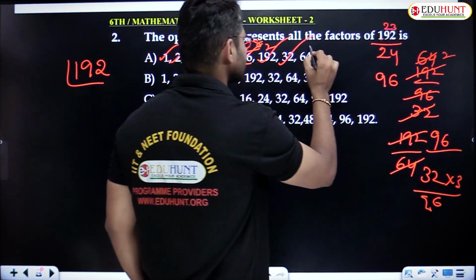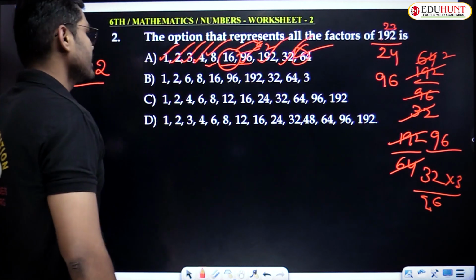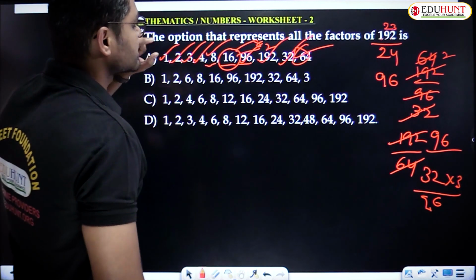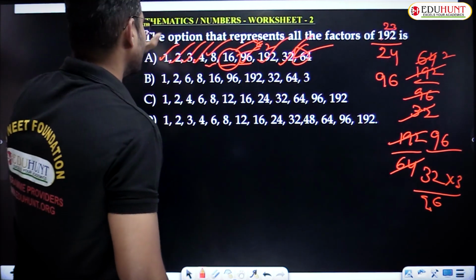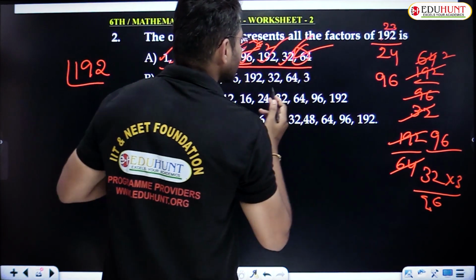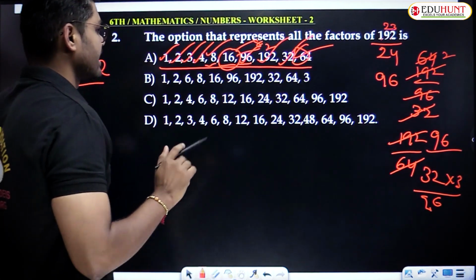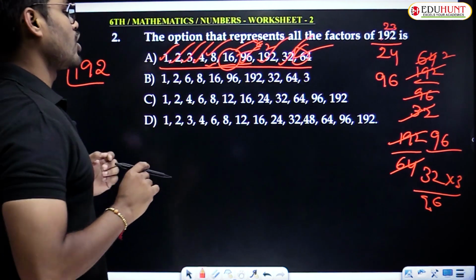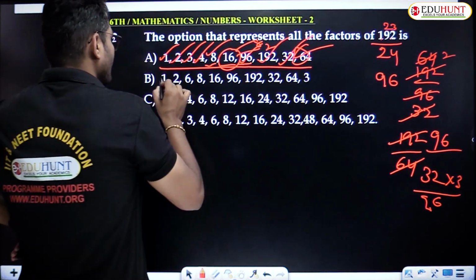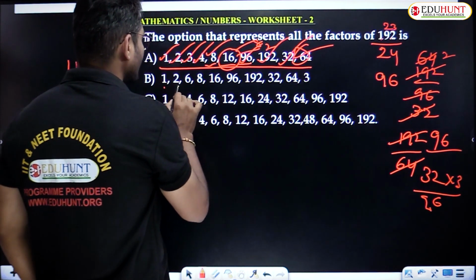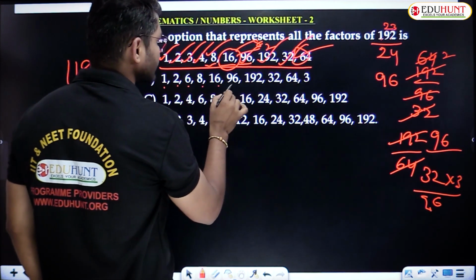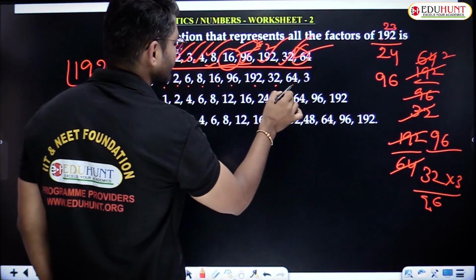Therefore, 64 is also possible. So here the option that represents all the factors of 192. All these are factors of 192. Let's check if any number is missing in the given options. Okay, right. 1, 2, 6, 8, 16, 96, 192, 32, 64 and 3.